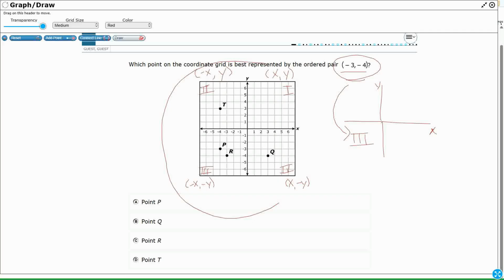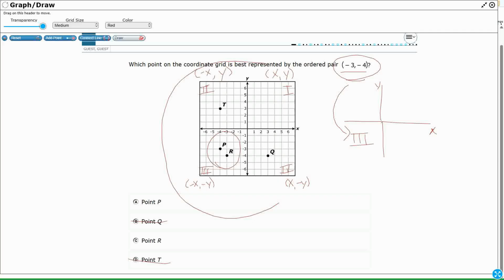So we're really looking at 2 different sets of numbers which correlate with P and R. So we can go ahead and eliminate Q and eliminate T. So if we know our coordinates, we can go ahead and get rid of 2 possible answer choices.